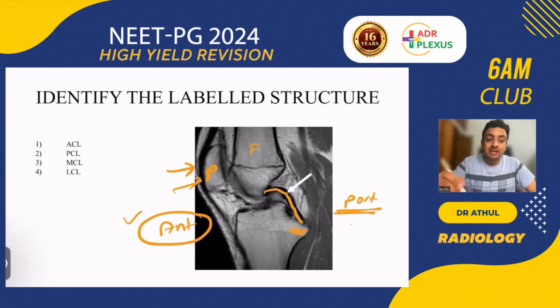The ligament attached to the posterior part of tibia is called the posterior cruciate ligament. Imagine they are showing you a ligament that is attached to the anterior portion of tibia. So that will be ACL. ACL is attached to the anterior portion of tibia. That is why it is called anterior cruciate ligament. PCL is attached to the posterior portion of tibia. That is why it is called posterior cruciate ligament. Okay, don't confuse in exam.